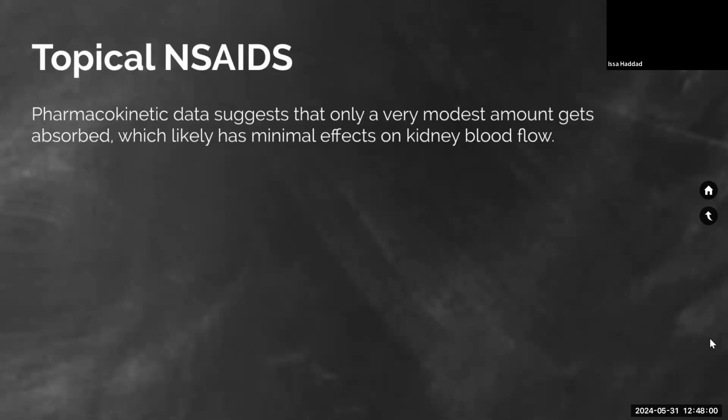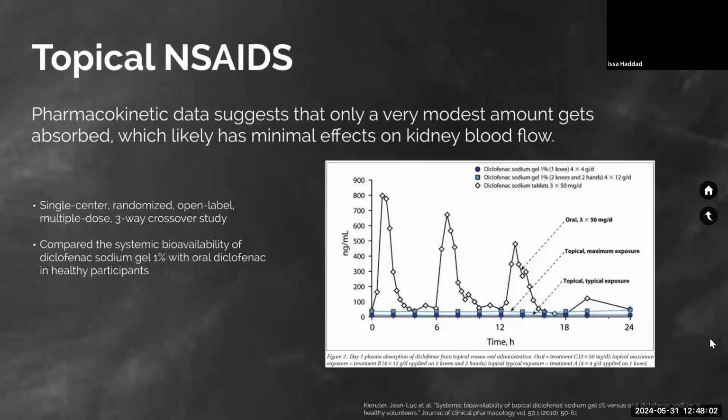And I actually found this study, which looked at systemic absorption. I think it's a funny study because they looked at typical exposure, applied on one knee, and then the maximum exposure, applied to 2 knees and 2 hands. They were trying to give as much as possible, but apparently both of them were flat and didn't really peak.